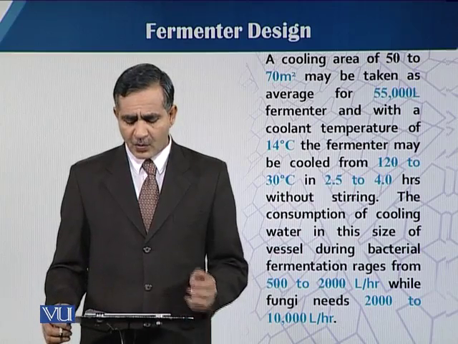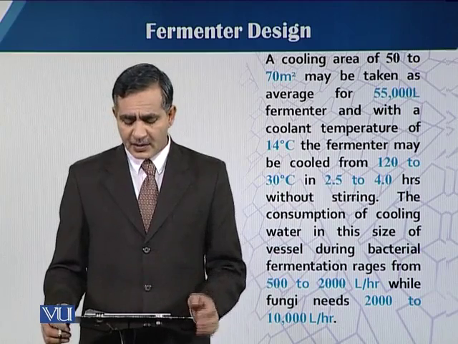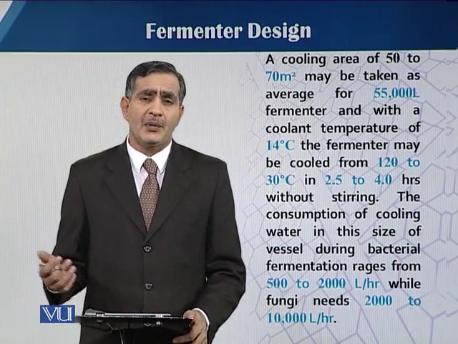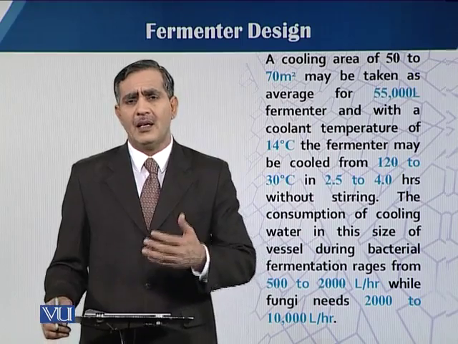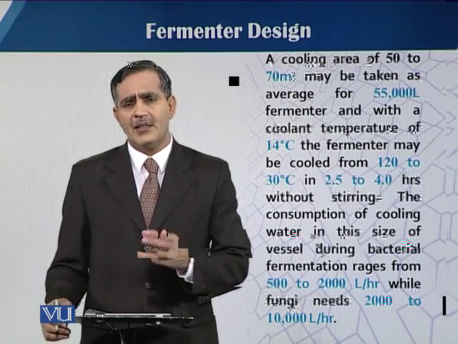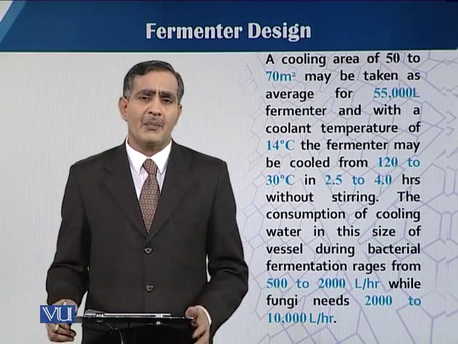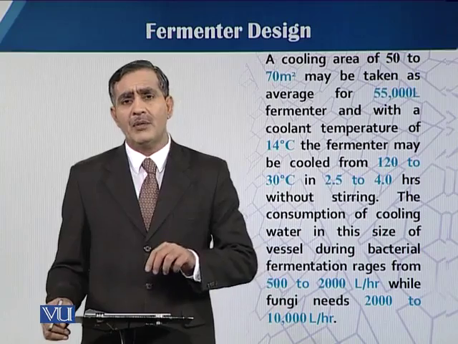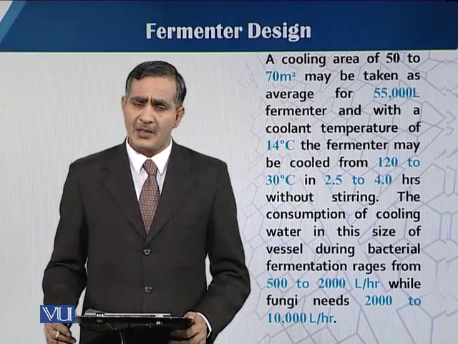Then the cooling water required is 500 to 200 liters, and the time required is 2.5 to 4 hours. So this is the equation. As the temperature range is minimized or maximized, we have a different requirement. Actually, when we control the temperature, that can ultimately affect the cost of the fermentation process.